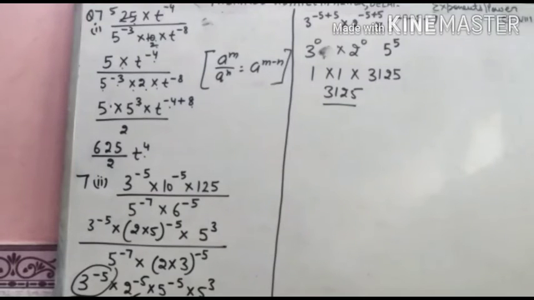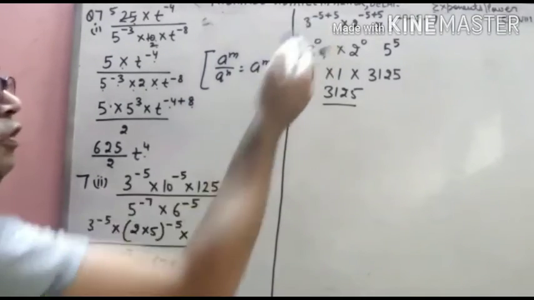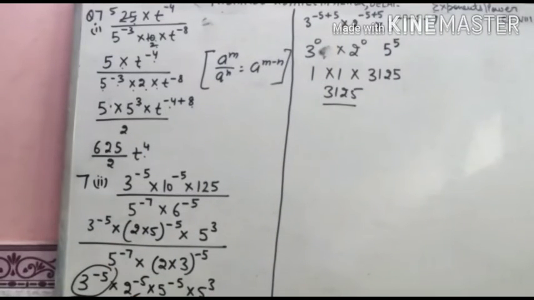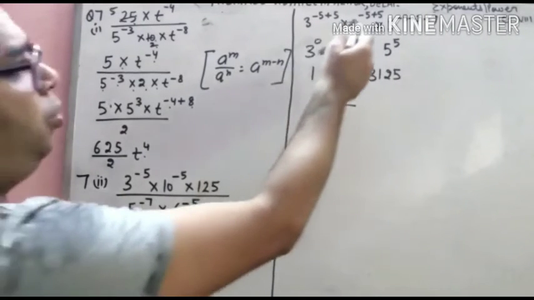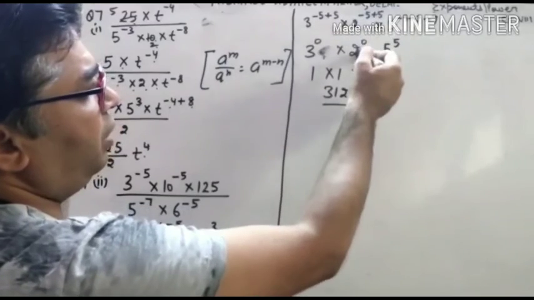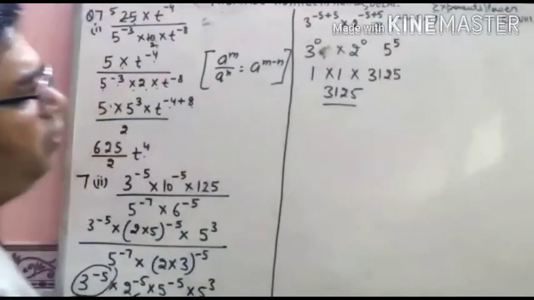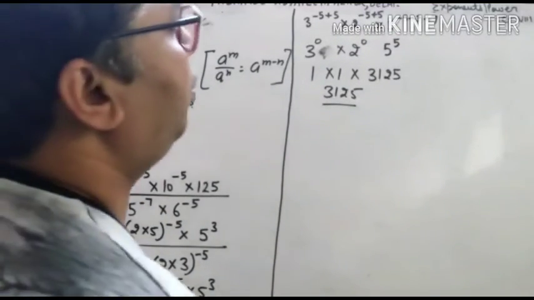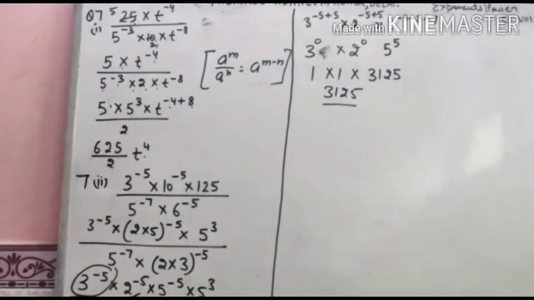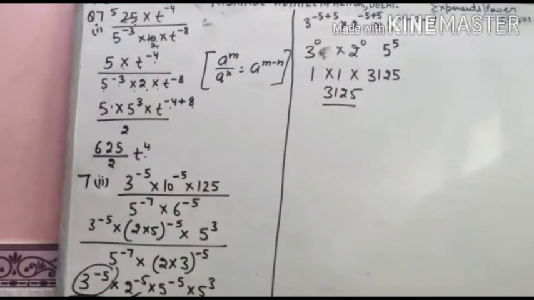Now for 3 raised to power minus 5, here we will use the multiplicative inverse, or the reciprocal of it, and then the powers will be added. We use the law of division, and they will be added. Similarly 2 raised to power minus 5 plus 5, the result is 0. In the same way here we have 5 plus 7 plus 3, that is 10, 10 minus 5 is 5.